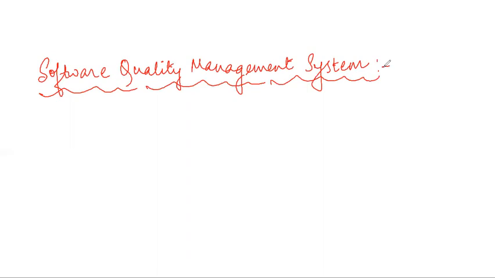A quality management system is the principal methodology used by organizations in order to ensure that the products they develop have the desired quality or not.